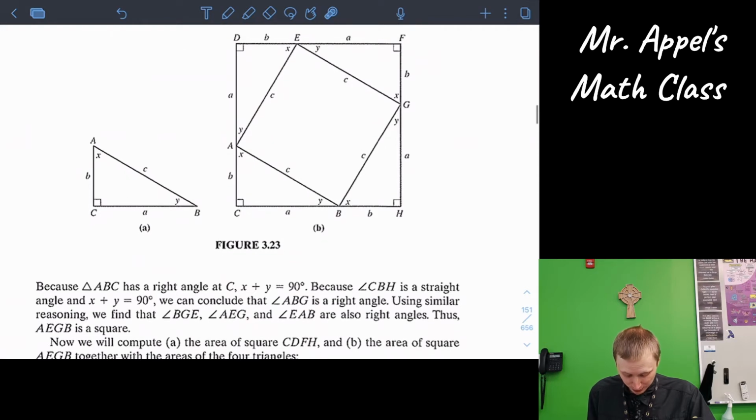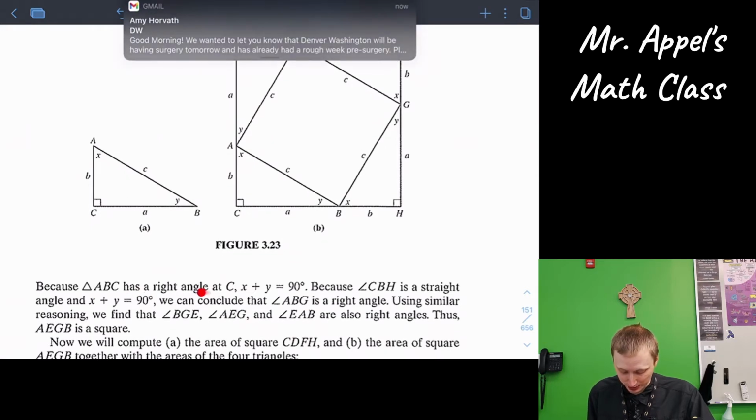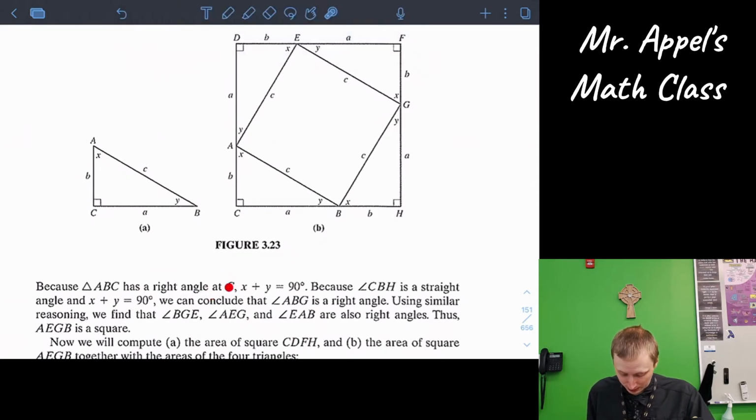So now, because triangle ABC has a right angle at C, x plus y equals 90 degrees. You can see x and y right here and here, or there and there, right? The two angles, that's triangle sum.